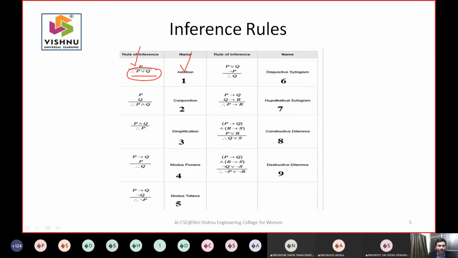And if you have two statements P and Q, you can combine the two statements by using AND. That is called the conjunction rule. So we are framing the rules in such a way that we can make inferences or draw some conclusions. This is what the aim is.